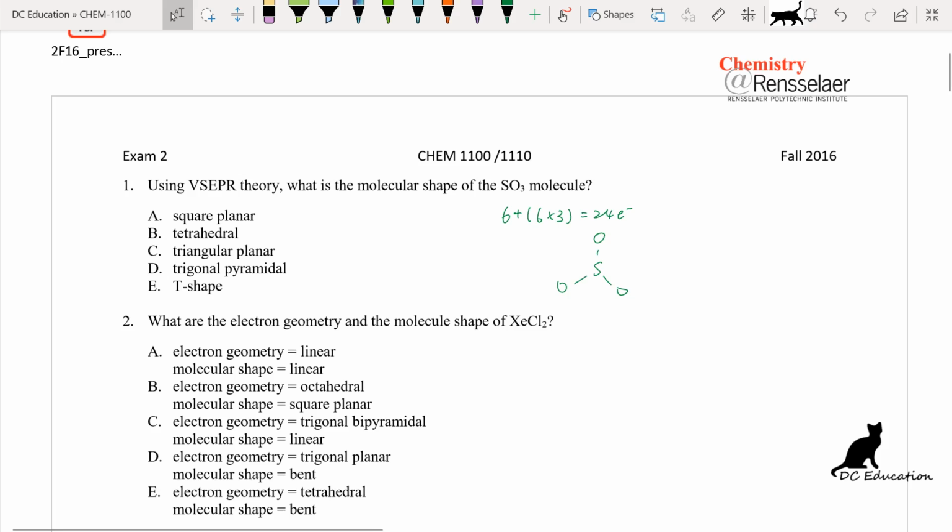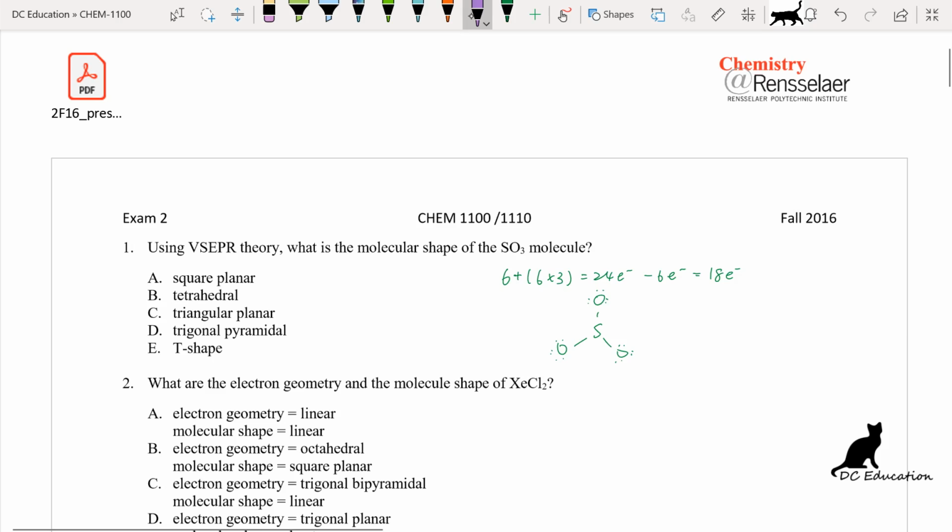I have no idea why my cursor is flying around, but that consumes a total of 6 electrons and leaves us with 18 electrons. We put down those dots around the more electronegative atoms first, and then let's take a look at the formal charges.